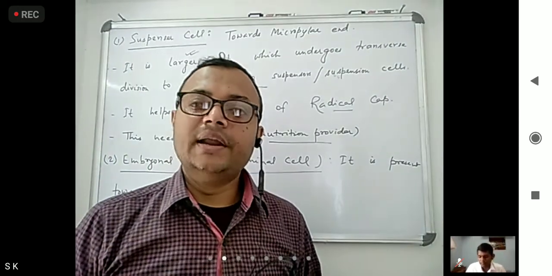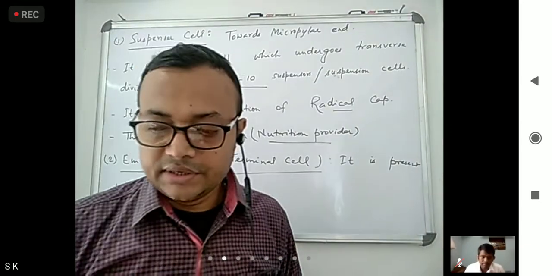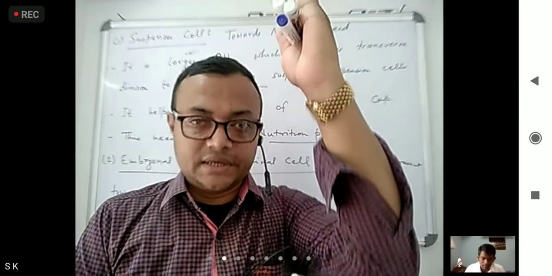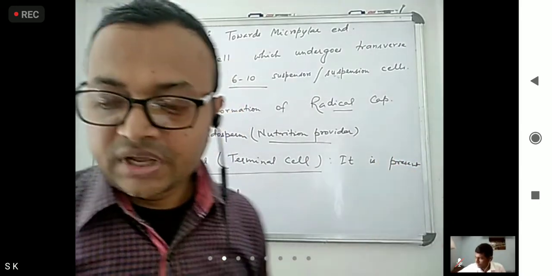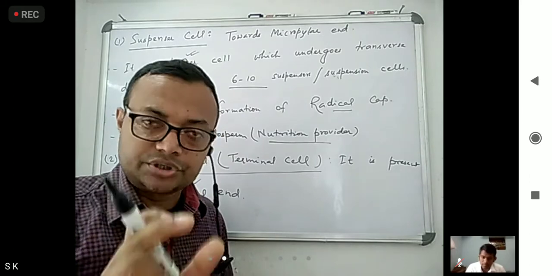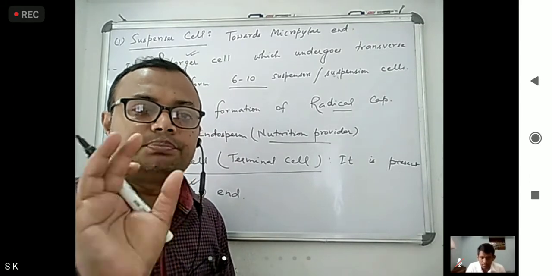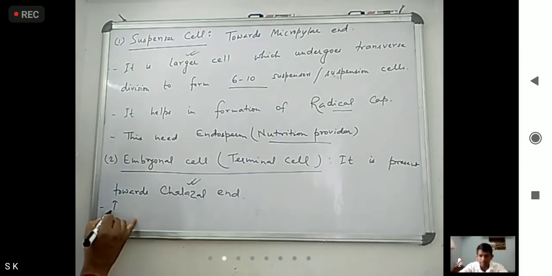Okay, now this embryonal cell divides vertically and forms an 8-celled pro-embryo. This you have to remember, 8-celled pro-embryo.